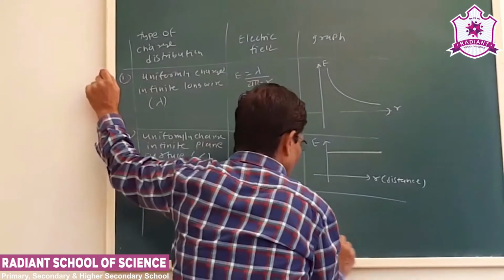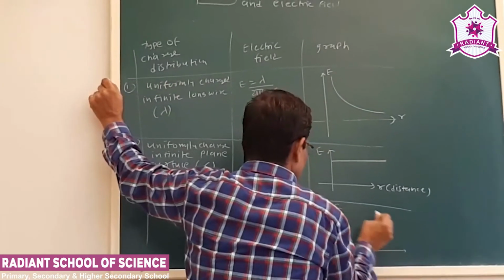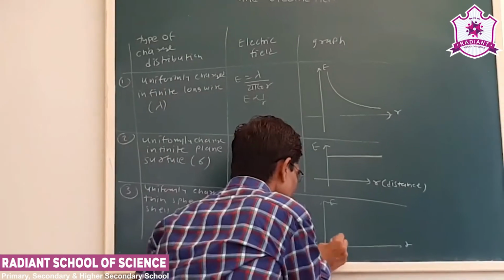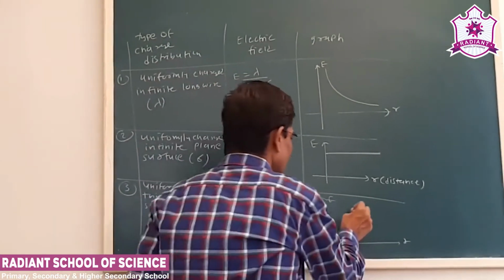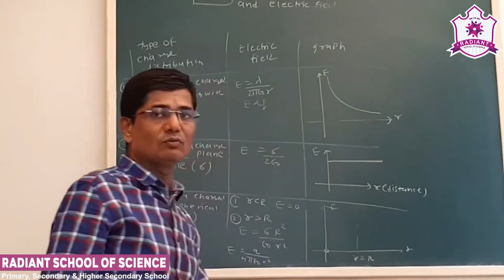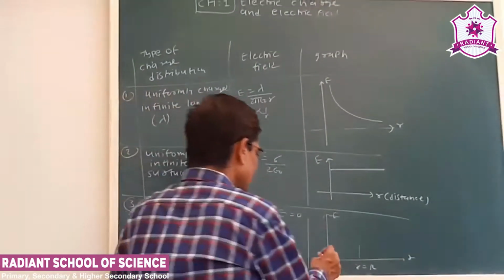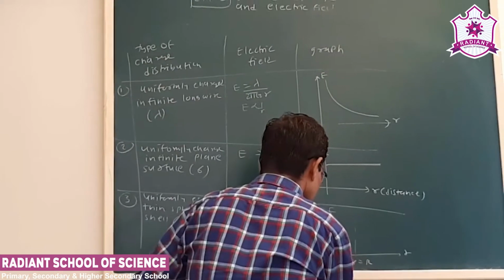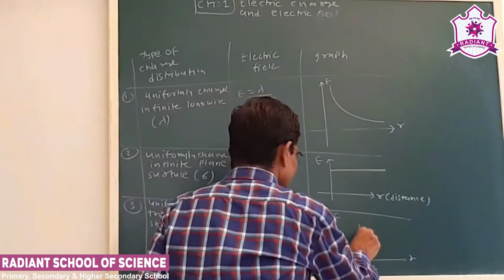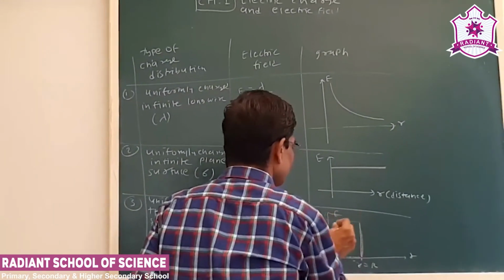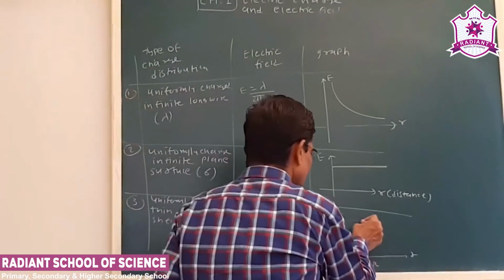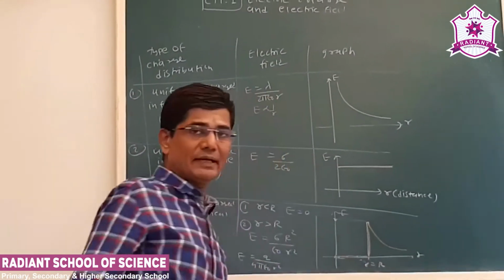So what we see here is that E is inversely proportional to r square. There will be two parts of the graph here. Let us say this is our origin, this is capital R. For r less than R, electric field will be 0, and for r greater than R, it will be maximum on the surface, and then it will fall like this.